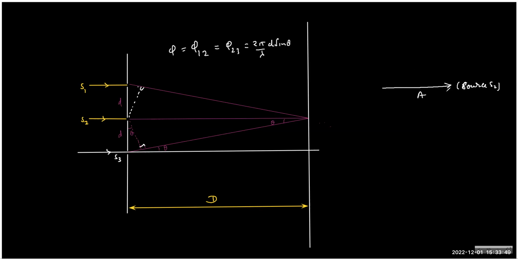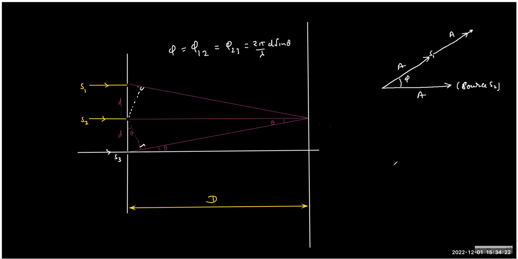So if this is S2, where is S1? Above. And where is S3 then? It would be the same, right? So it is like you are trying to add A and 2A, isn't it?